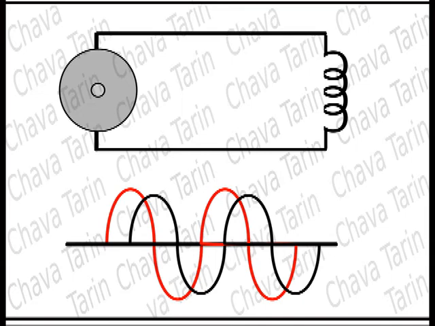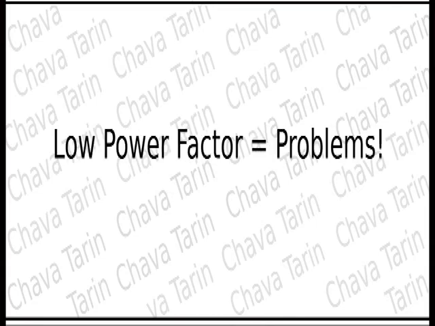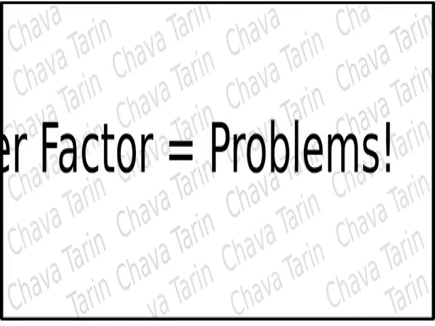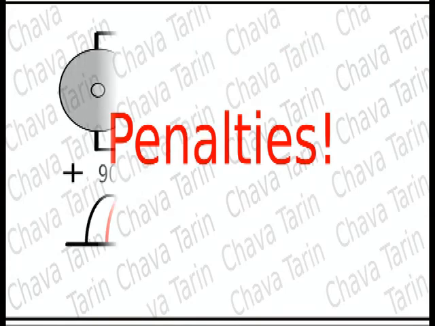With this, the power factor goes down to almost zero, say 0.02, with which we would have 12 volts multiplied by 10 amps multiplied by the power factor of 0.02, we would have a power of 2.4 watts. A low power factor due to an inductive load causes problems since it overloads the power company lines, and penalties are charged on industrial users for working under those conditions.